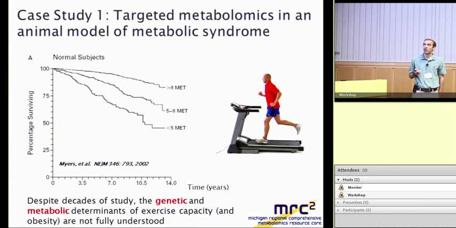They then followed the subjects for an extended period of time, out to 14 years, and looked at percentage surviving. In the initial cohort, if you had the lower tertile of exercise capacity, less than 5 metabolic equivalents, you had a survival rate of about 65%, whereas those with over 8 metabolic equivalents had better than 90% survival.